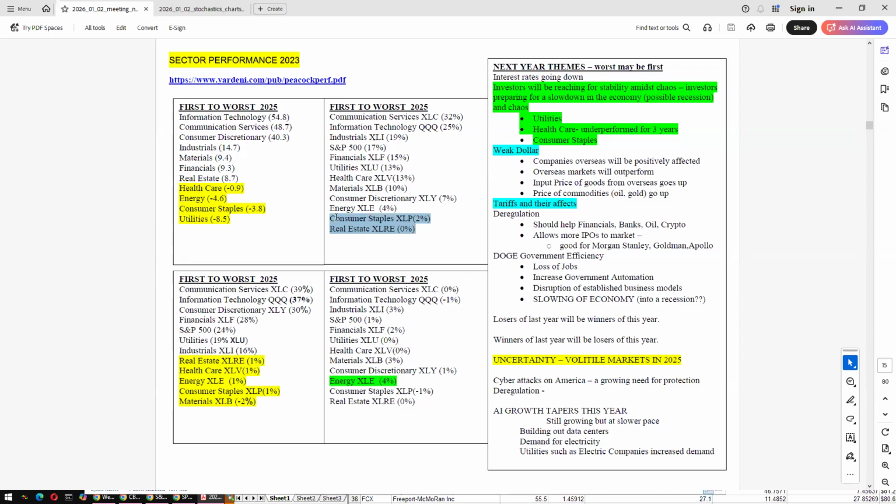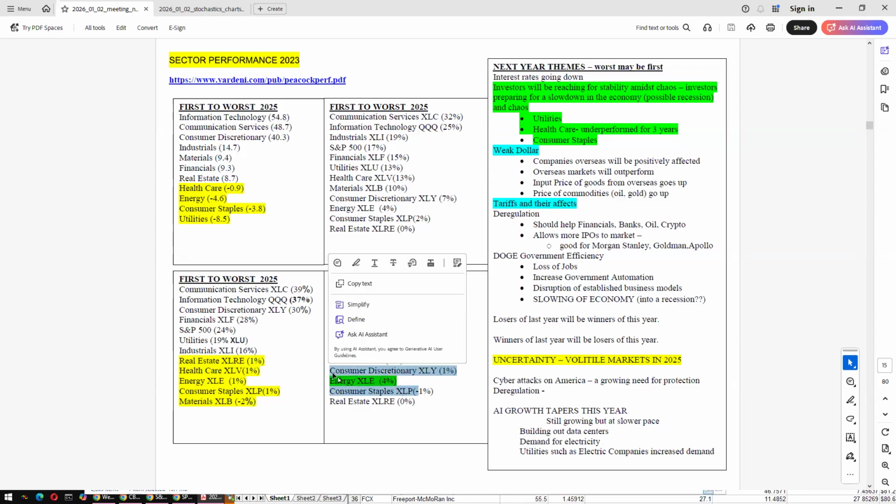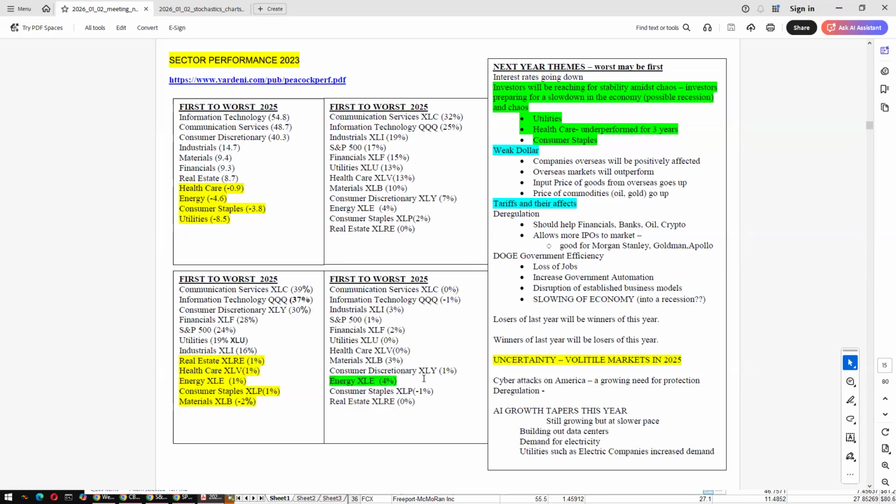Consumer staples only up 2%, and energy only up 4% last year. You can see just by the start of this year, energy is starting to outperform, probably because of the Venezuela issue. And we have materials and industrials. These are the best sectors so far this year. So we'll keep track of that.